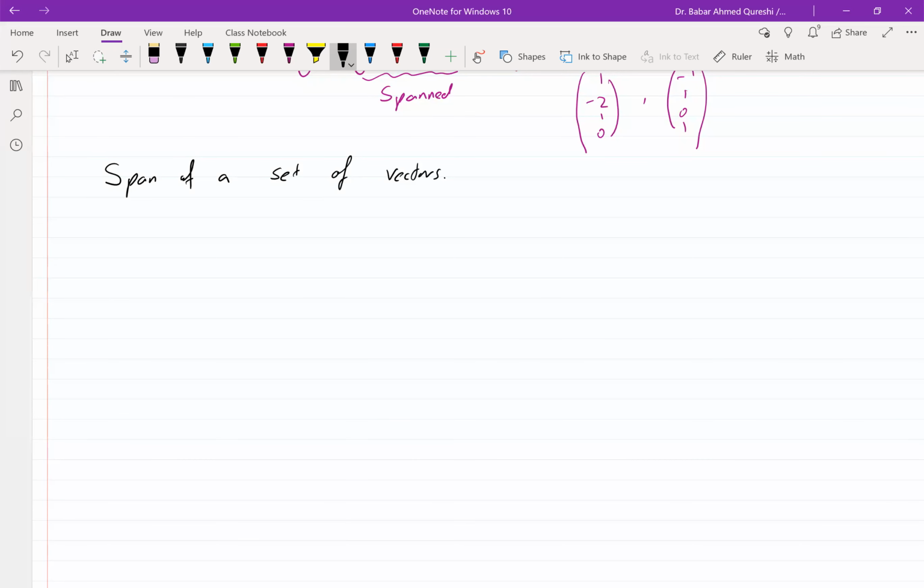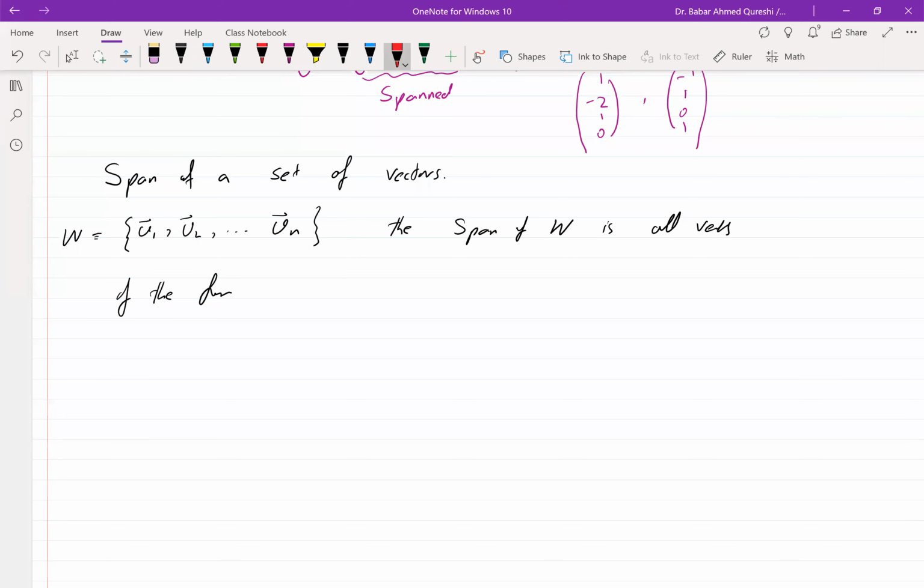If you are given any set of vectors, let's say this is some set W, the span is all vectors of the form with alpha i arbitrary.